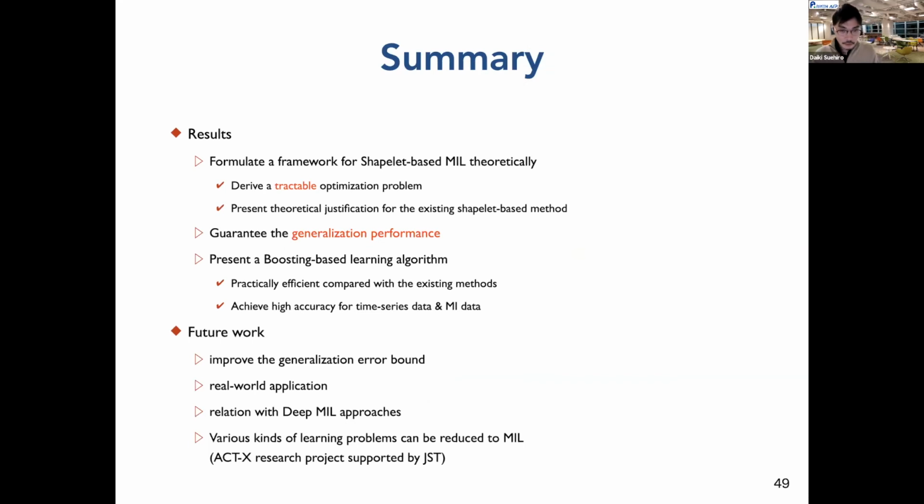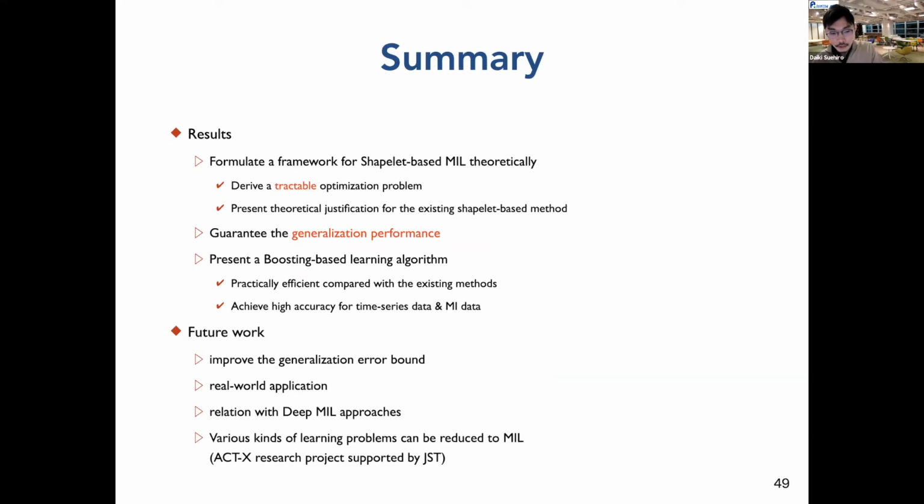Okay, I conclude this talk. The main results are we formulate a framework for Shapelet-based MIL theoretically, and we derived a tractable optimization problem and present theoretical justification for our methods.